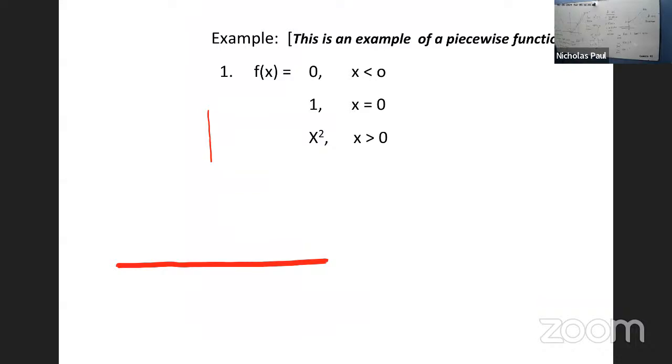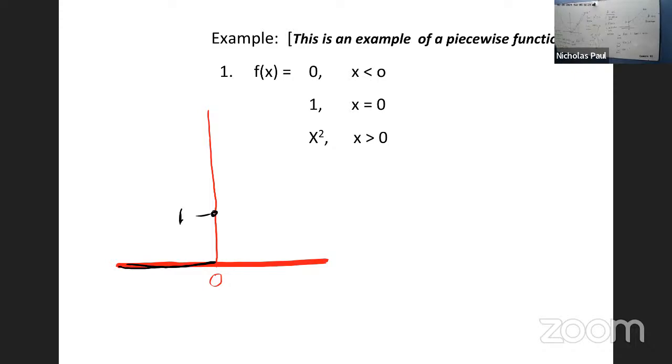Here is x equals 0, that's the most important part. When it's less than 0, the function is 0. When it's equal to 0, the function is 1.